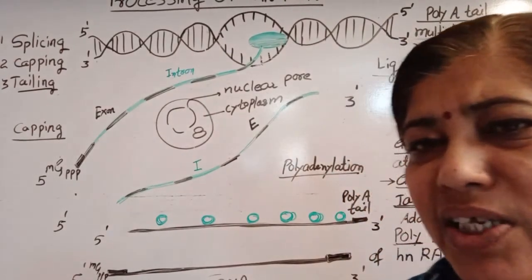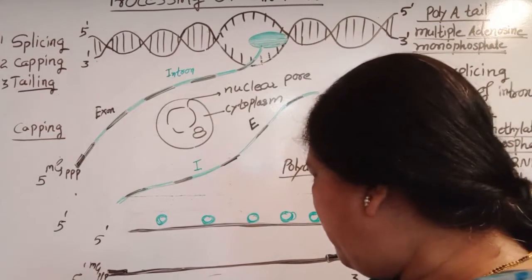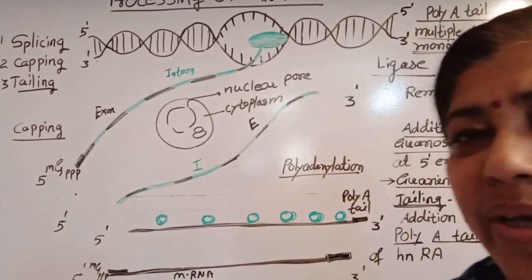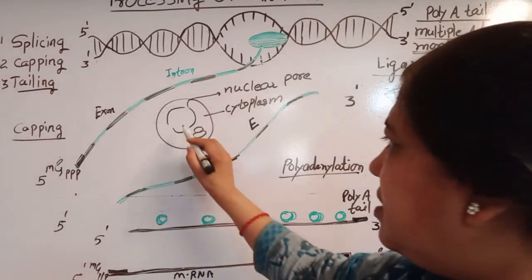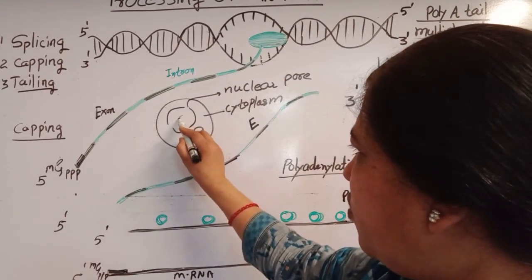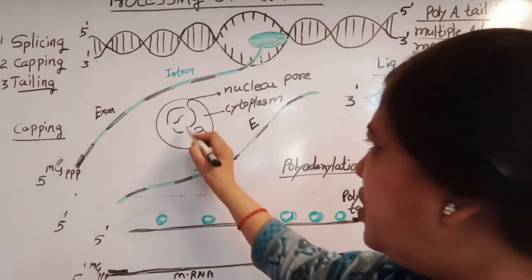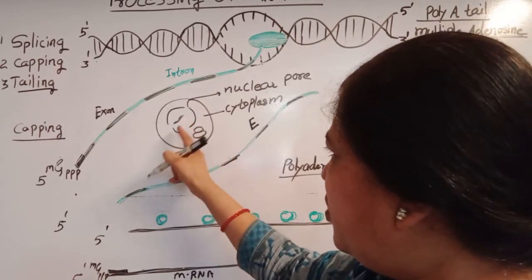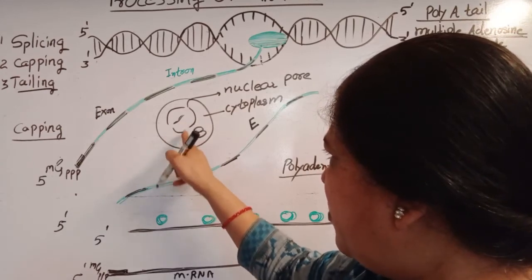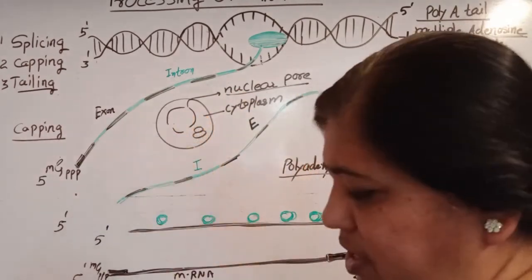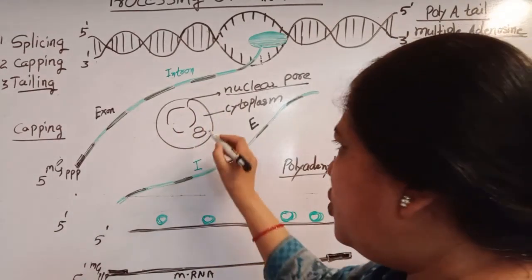This is functional RNA. Formation of messenger RNA takes place inside the nucleus. Then this messenger RNA comes out from the nucleus through the nuclear pore, and arranges in the ribosome.